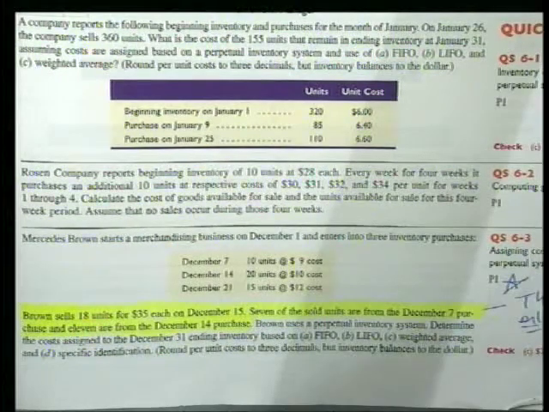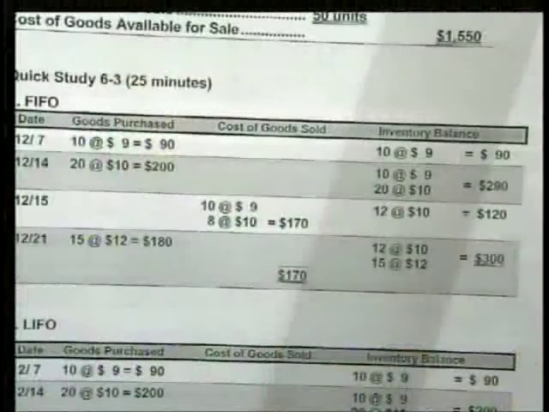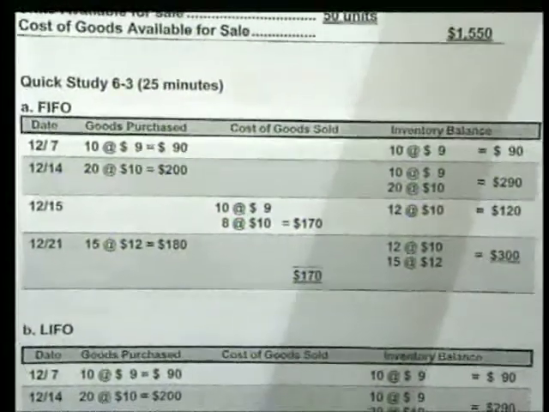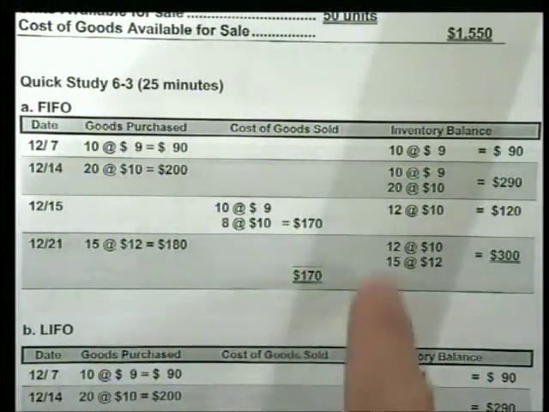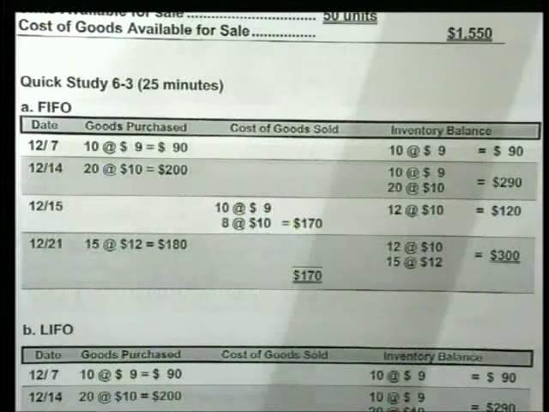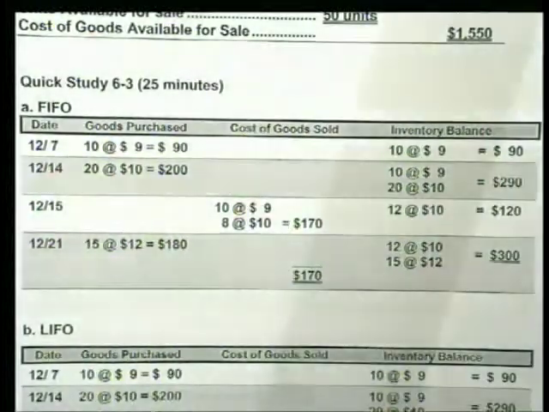So, let's take a look at these answers. I'm not going to read through that detail. You have it in your book. Let's take a look at FIFO for Quick Study 6.3, first of all. And I want you to check your answers. Make sure you got the right numbers. I'm happy to answer questions, but I think at this point, hopefully you're getting it.